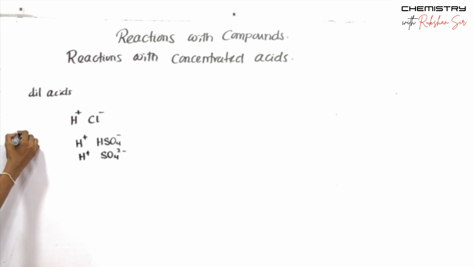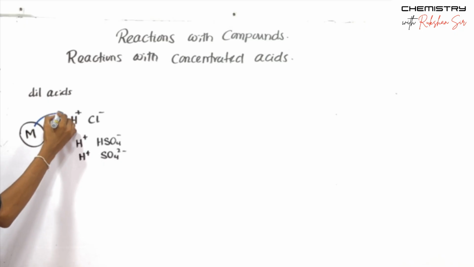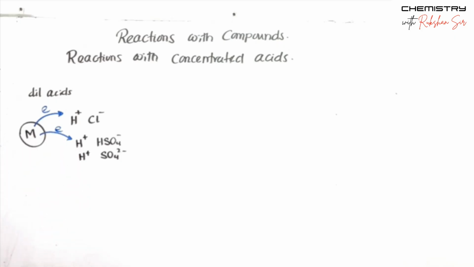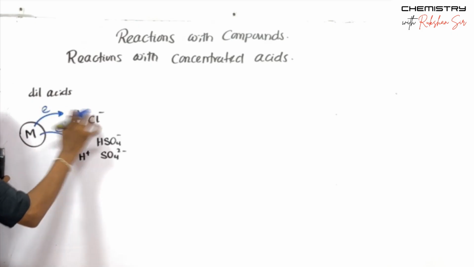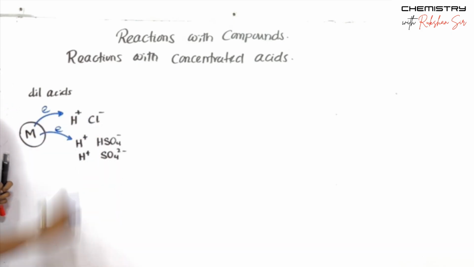So when your metal releases electrons, those will be accepted by the H plus ions. Negative ions are not going to accept negatively charged electrons. Those will be attracted by the H plus ions to reduce to H2. This is what happens with the dil acids.